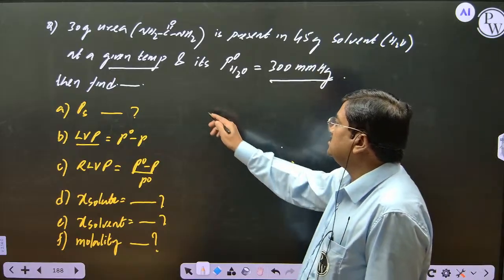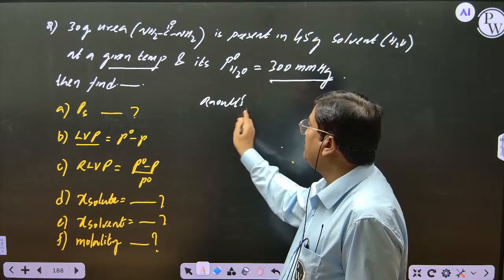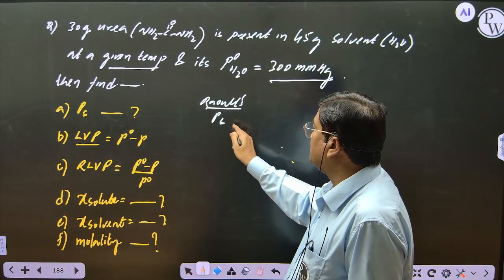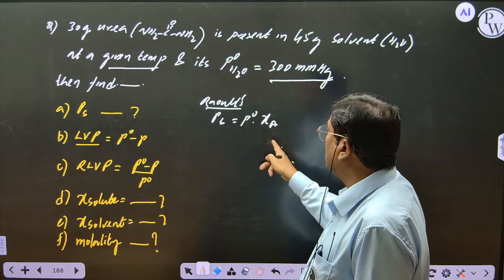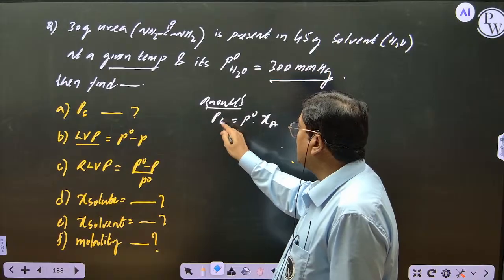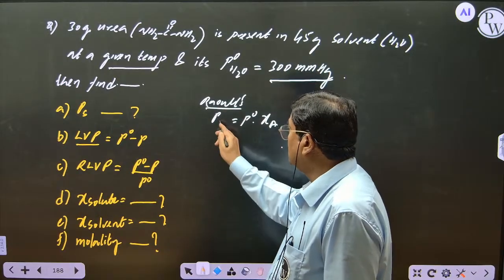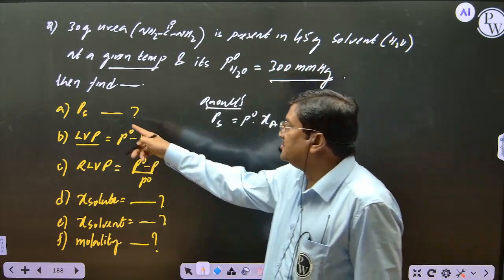Now from Raoult's law, you remember what relation we wrote, students? We wrote that the vapor pressure of solution is equal to P naught into chi A, for a non-volatile solute. Now the vapor pressure of solution we want.